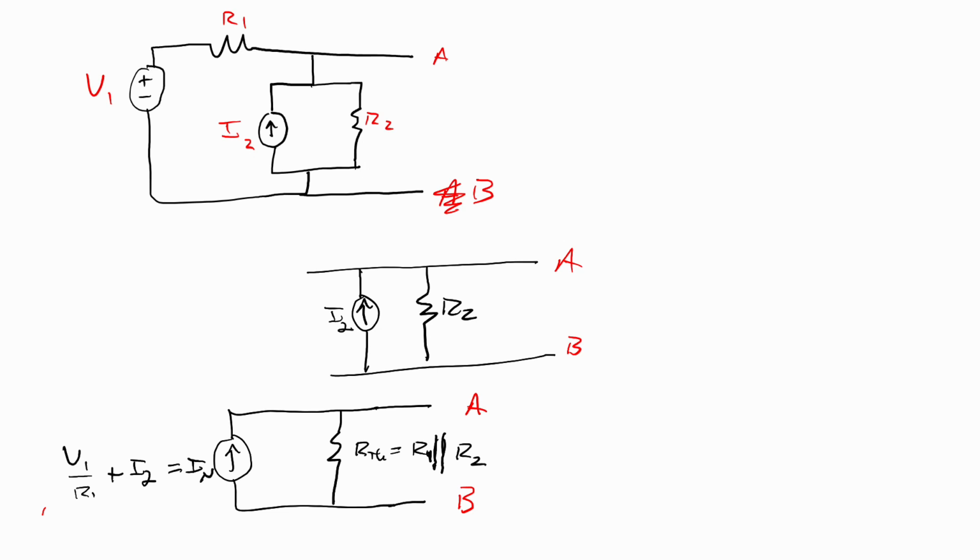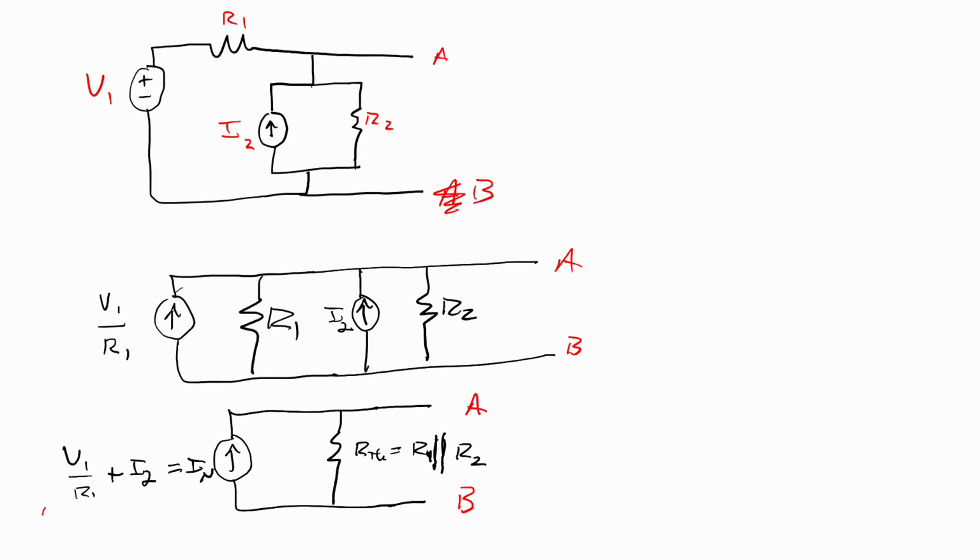So I'll take this Thevenin source V1 and R1 and make it into a Norton source. So V1 over R1 would be that equivalent current. And now we have R1.